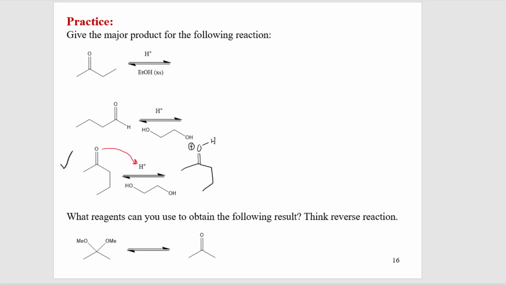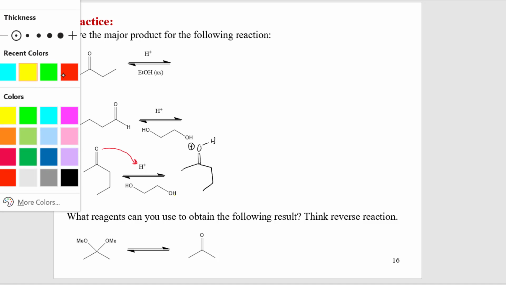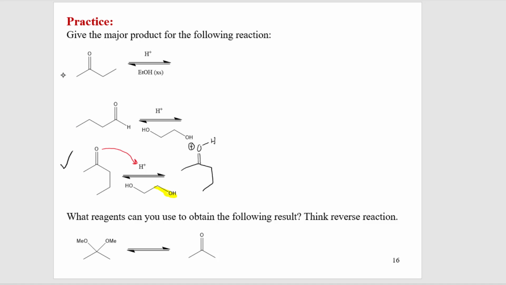Okay, done. Now we remind ourselves that we're driving the alcohol on. We're driving alcohol on in an in-up fashion. So the trend for in, up, down, out when you're doing it under acidic conditions is acid-base chemistry.